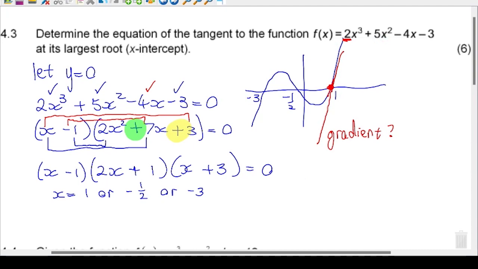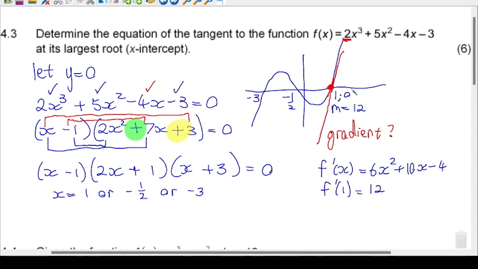So there's f of x. f dashed of x is going to be 6x squared plus 10x minus 4. Now we put 1 into f dashed of x to find the gradient at 1. We get 16 minus 4, we actually get 12. So we now know that the gradient m is 12.